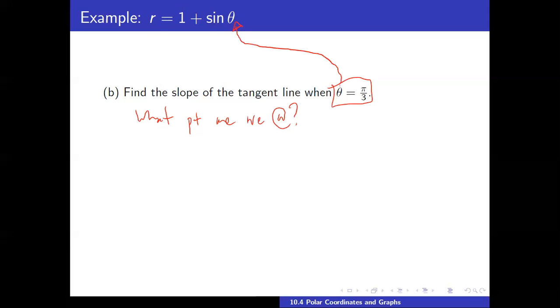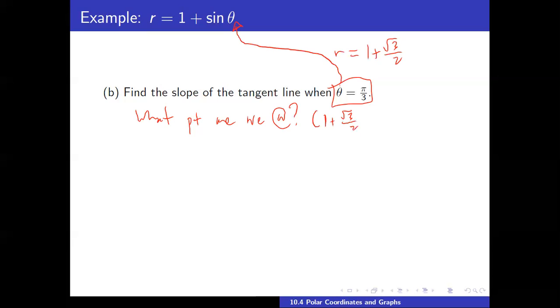So r at this point is 1 plus radical 3 over 2. Radical 3 is like 1.7 something, correct?